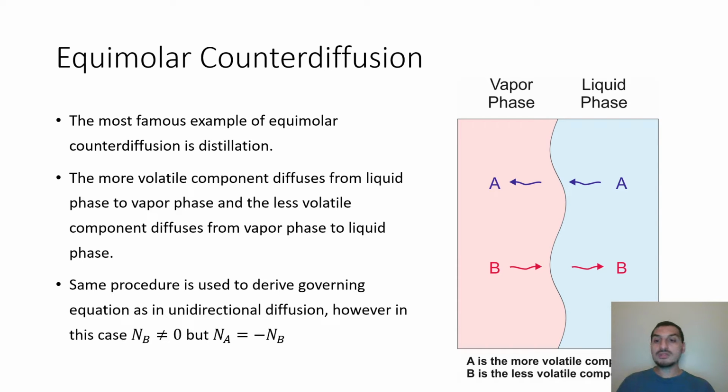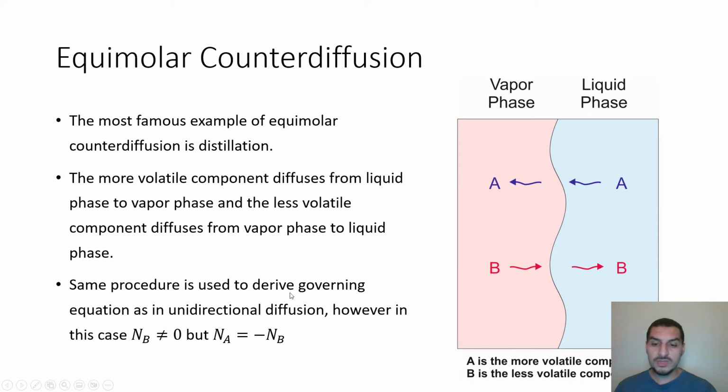There are some cases where the fluxes are equal, so we have the number of moles per unit area for A going to the vapor phase equal to the number of moles of B going to the liquid phase per unit area. And this is what we call the equimolar counter diffusion.